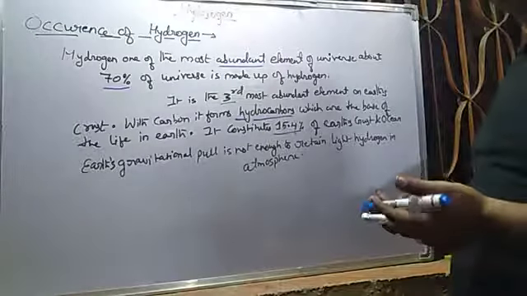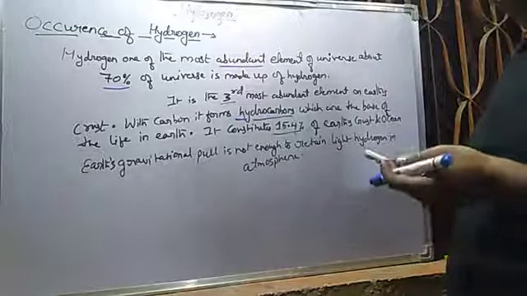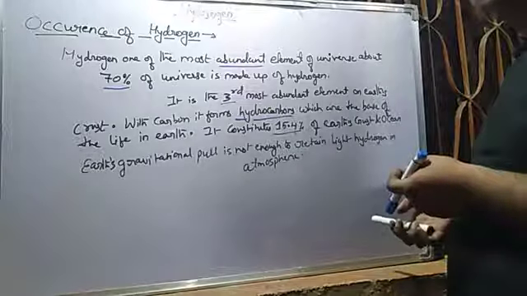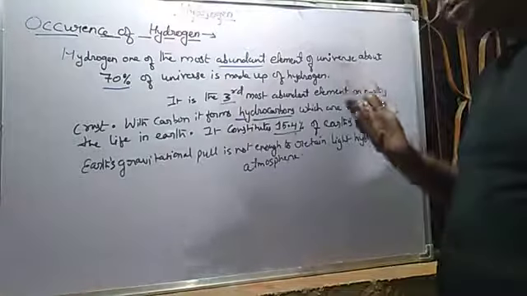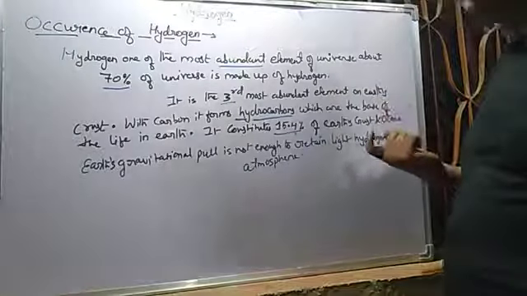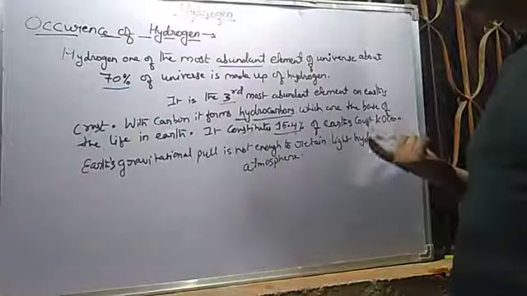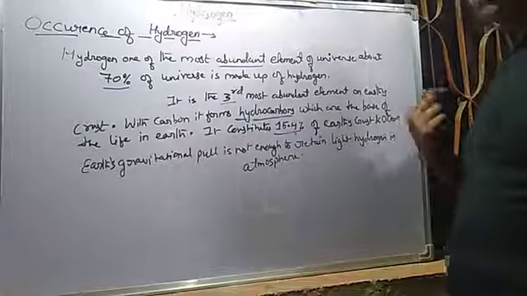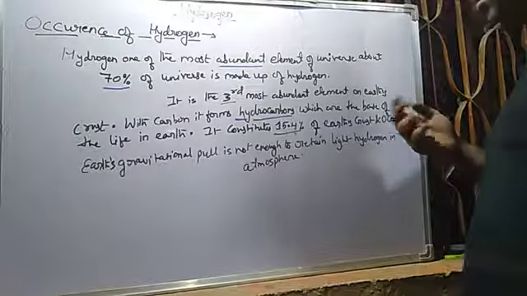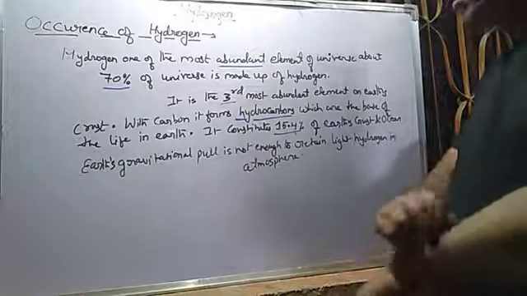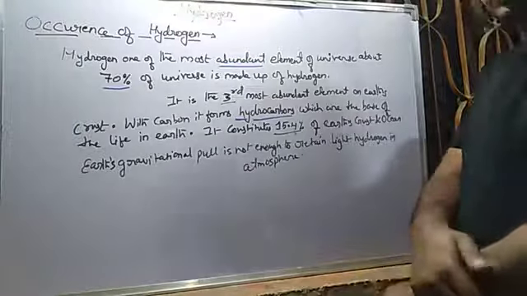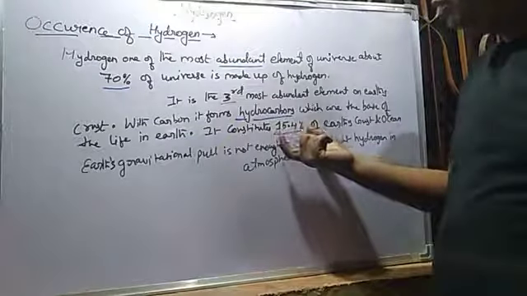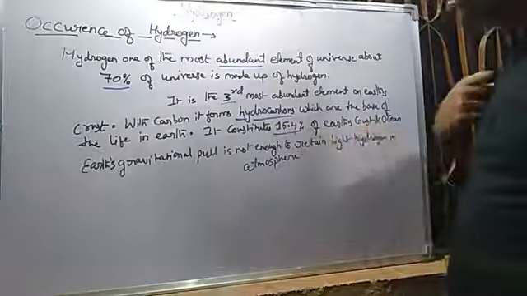The ocean is water, and water means hydrogen. When two atoms of hydrogen react with one atom of oxygen, it forms water, and this water forms the oceans. Also, some of the hydrocarbons constitute the Earth's crust. So it is 15.4% of the total Earth's crust and ocean.